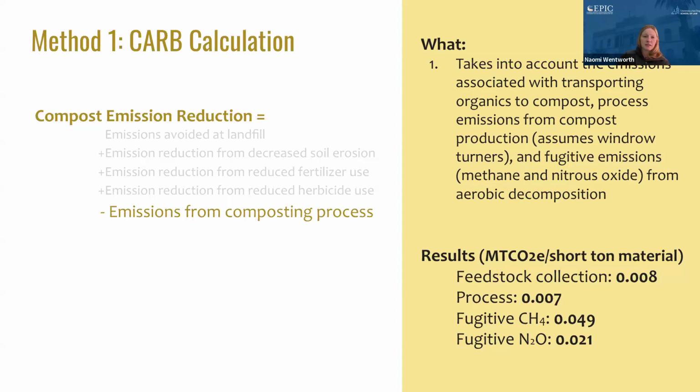So that's going to be methane and nitrous oxide, a lot less than the landfill, but there still are some of those emissions. And CARB broke it up between feedstock collection, process, fugitive, methane and nitrous oxide. So if feedstock collection doesn't pertain to your site, you can kind of get rid of that one.